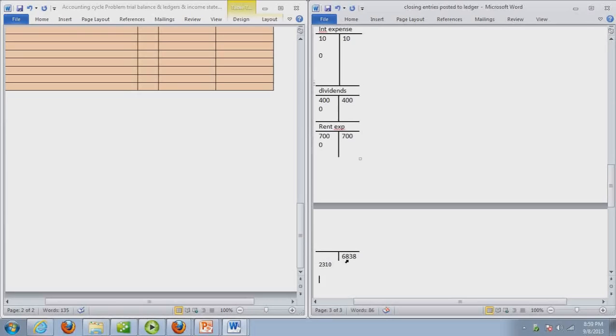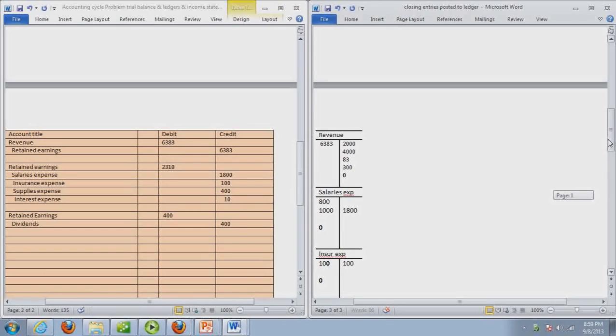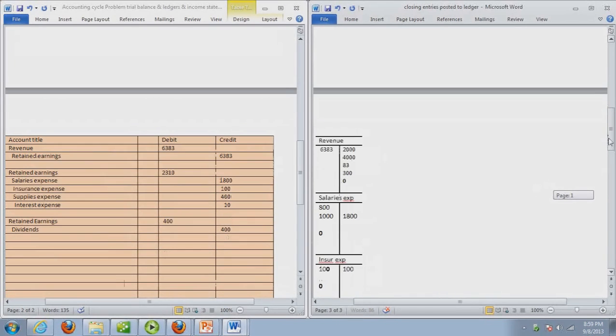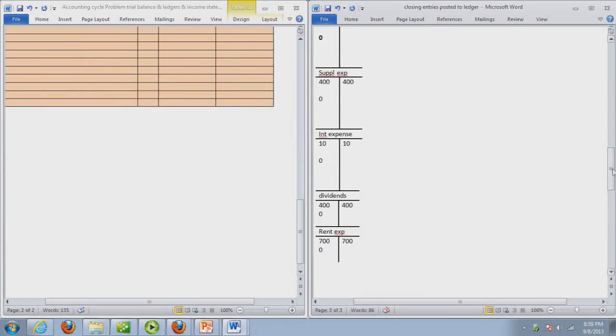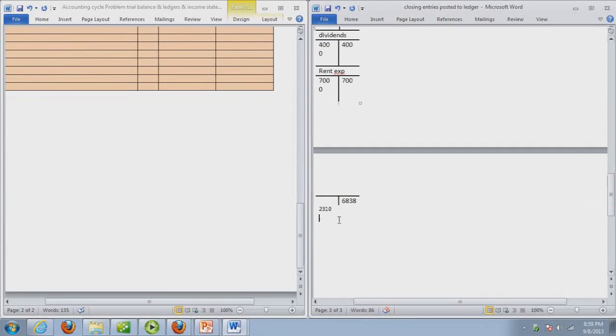And then we also debit for dividends. So the dividends, if you remember, is 400, which we have a third entry here. So this will be a debit of 400. We consider this the last T here, the retained earnings.